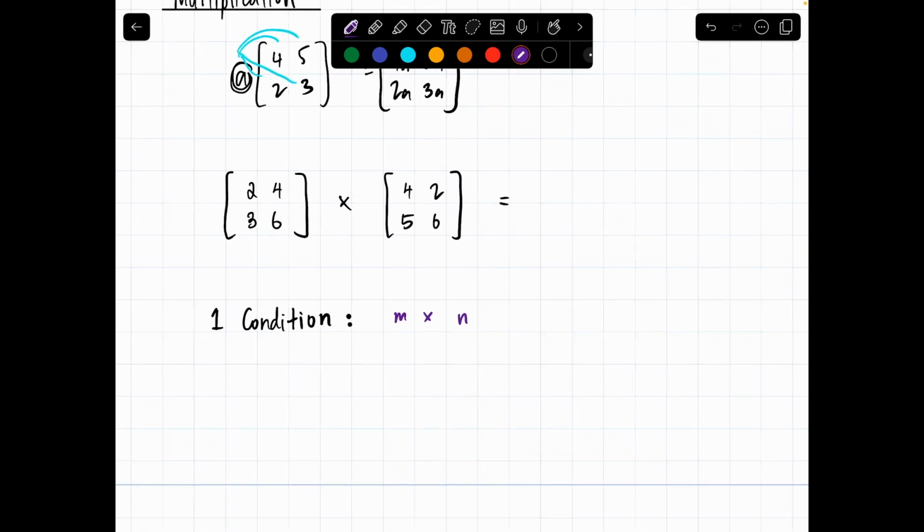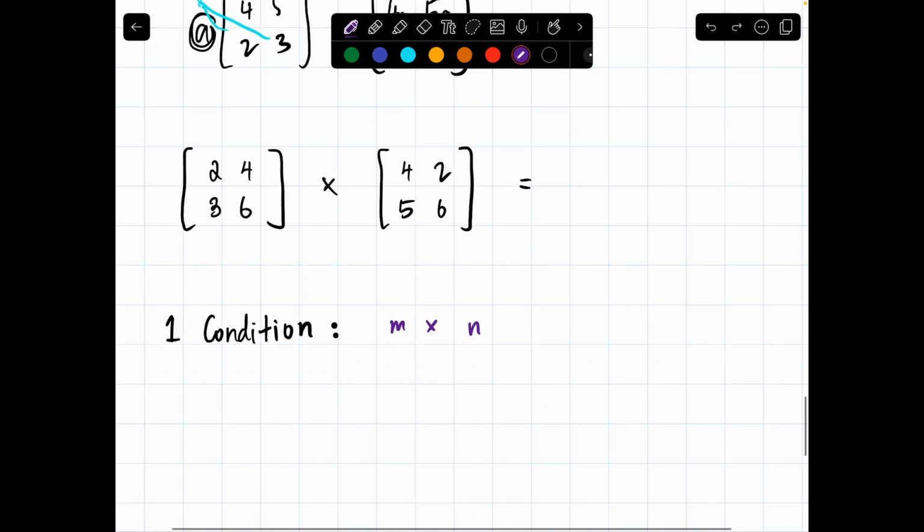And then for any matrix to be eligible to be multiplied with the matrix with this particular arrangement, the second matrix must also have n as its rows number. So for context, this particular m refers to the number of rows, and this particular n refers to the number of columns. So the first term is always rows, and the second term is always columns.